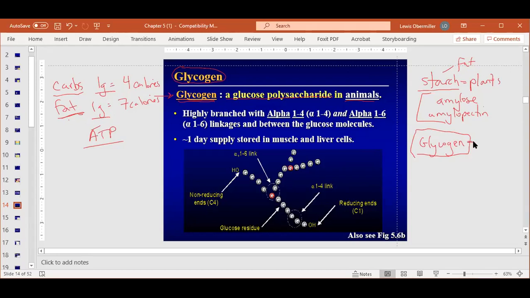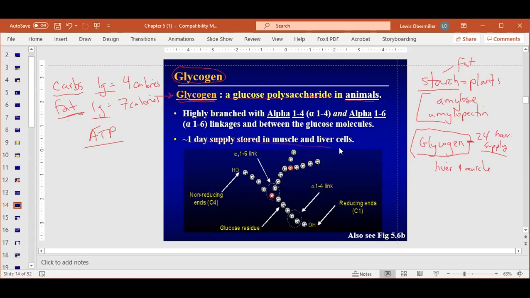So we store about a 24-hour supply. So it's an emergency supply of glycogen. And usually that's stored where we need it the most, in the liver and in your muscles.